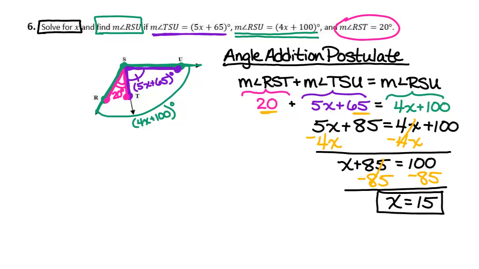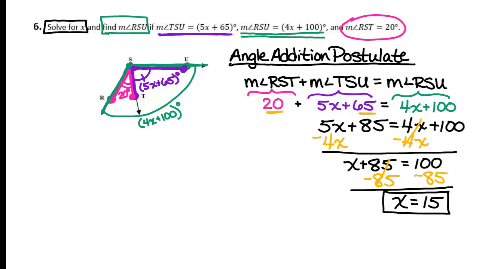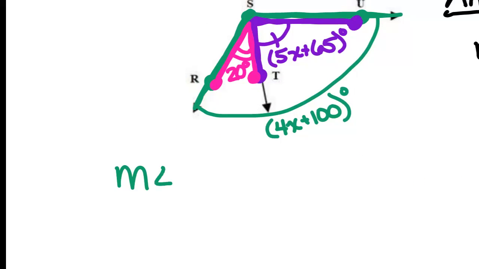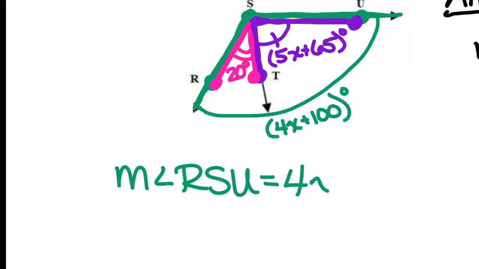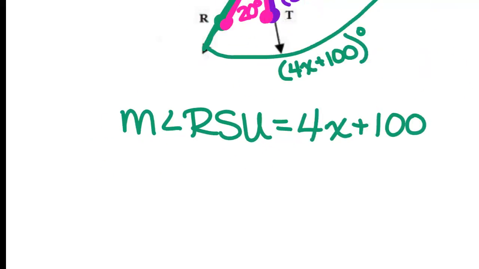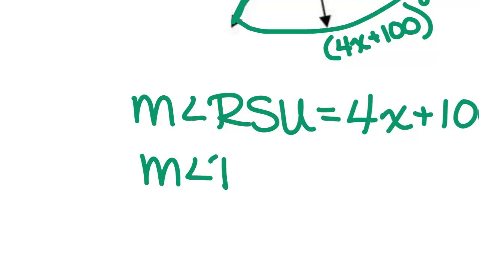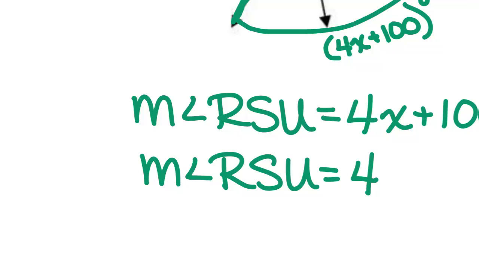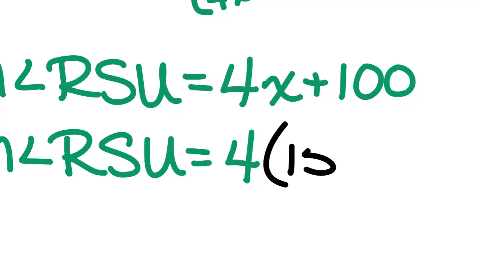That's one of the things I was supposed to find. The other thing I need to find is the measurement of angle RSU, which is 4x plus 100. And we're going to take that measurement for x that we just found of 15. We're going to substitute it in. So 4 times 15 plus 100.